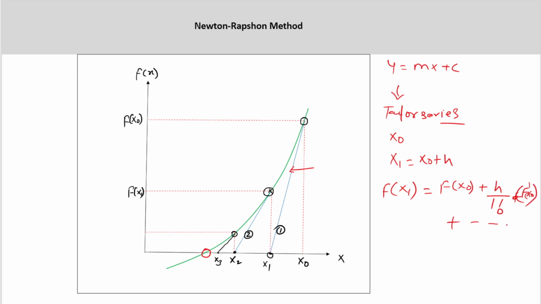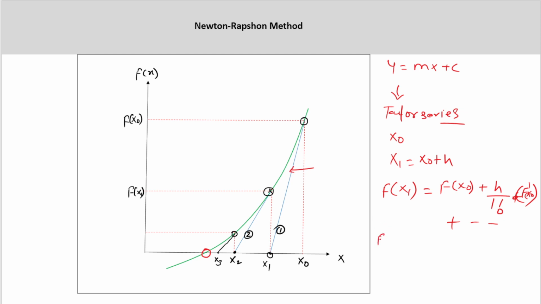I'm neglecting these higher order terms. Now, this is the value of x1. What is h? h is here x1 minus x0. So let us put that value.